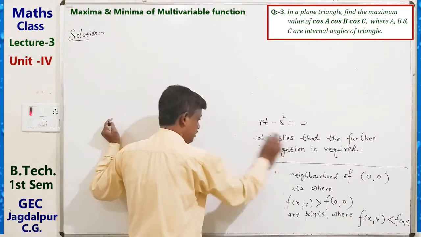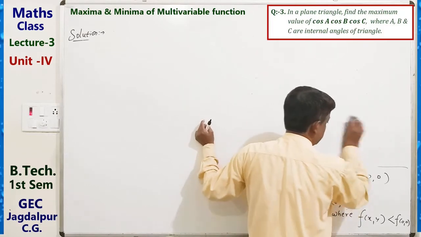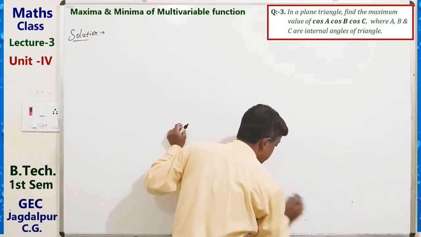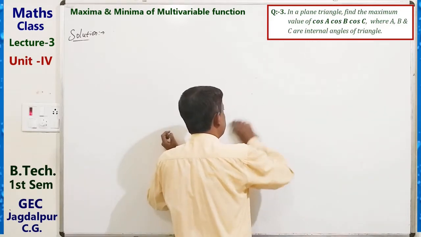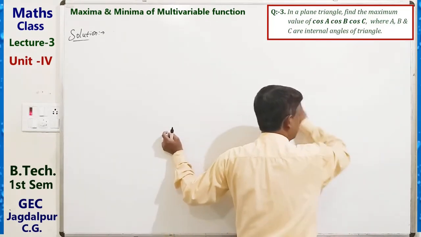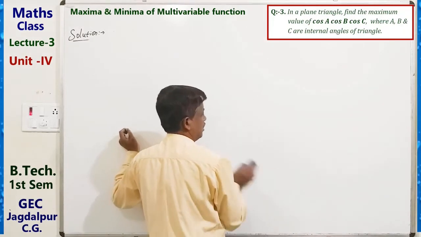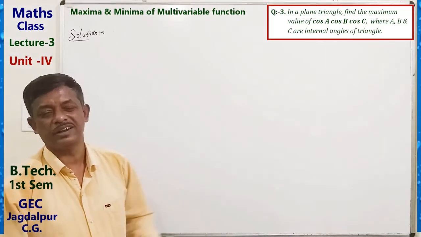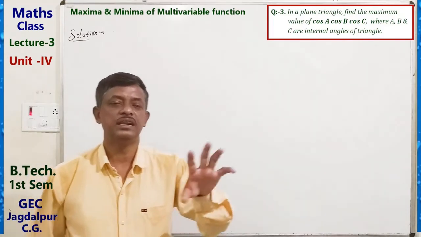But if there are three variables that are not purely independent, that is, suppose a function of three variables and the three variables are also connected by some relation, in that case we generally try to write the function as a function of two independent variables.